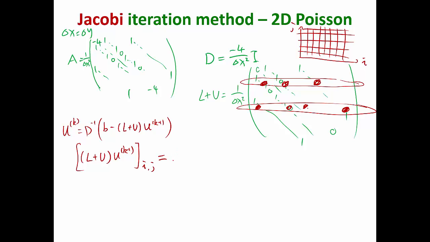So if I write it down, it is equal to 1 over delta x squared times u k minus 1 at I minus 1 j, u k minus 1 at I plus 1 j, u k minus 1 at I j minus 1, u k minus 1 at I j plus 1. Right?